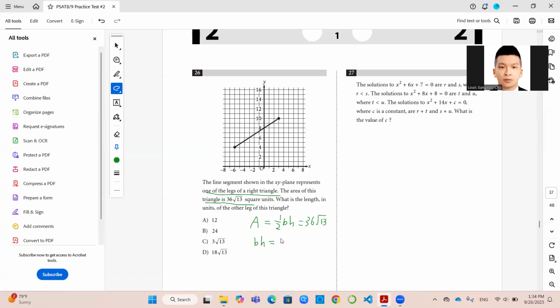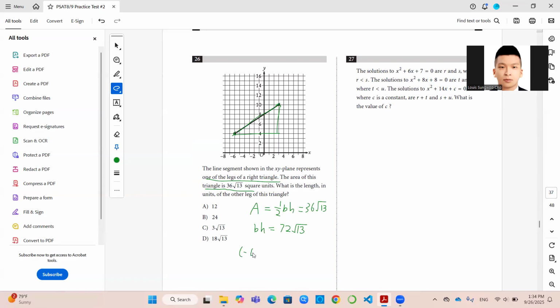So I'm going to go ahead and multiply 2 by both sides. And I'm going to get the distance, sorry, the length of this line here. So we have minus 6, 4 and 3, 10.